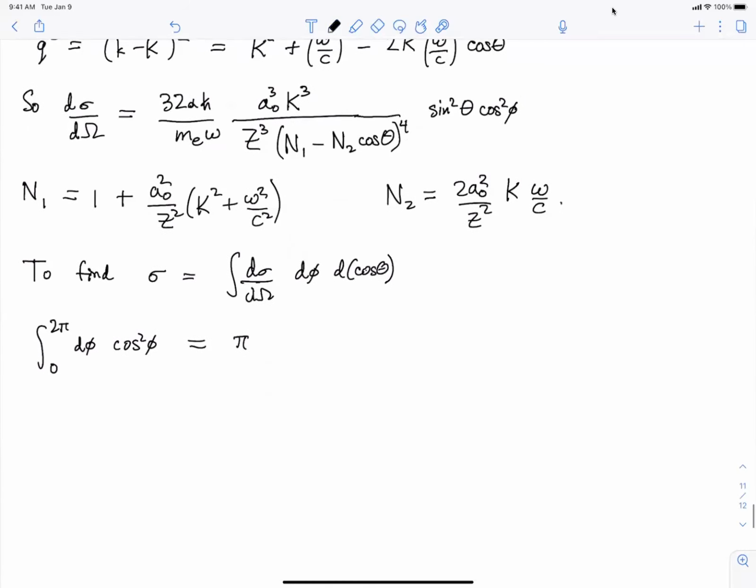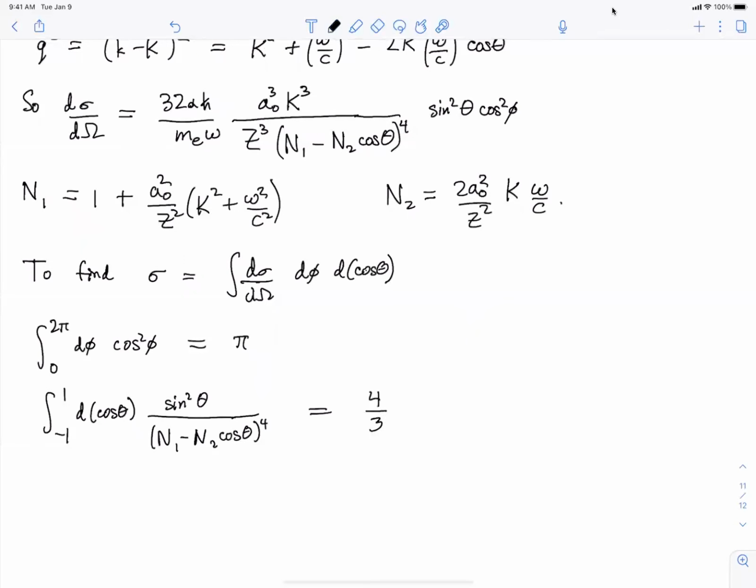And then the rest of the integral is minus 1 to 1 d cosine theta sine squared theta over n1 minus n2 cosine theta to the fourth. And if your integral calculator doesn't fail you, you'll find out that that is 4/3, 1 over n1 squared minus n2 squared, squared.